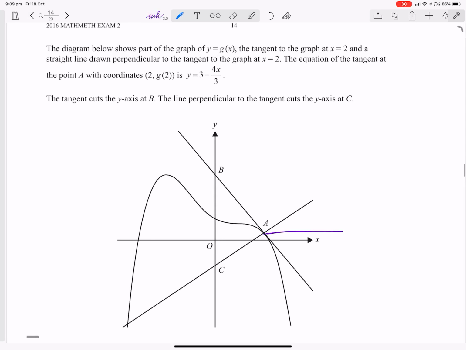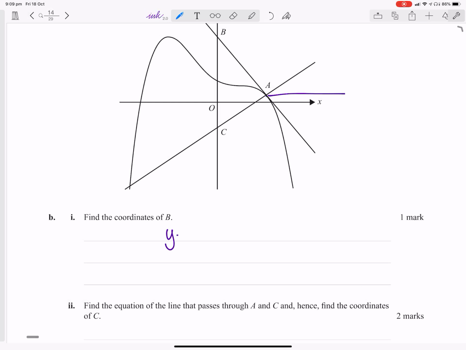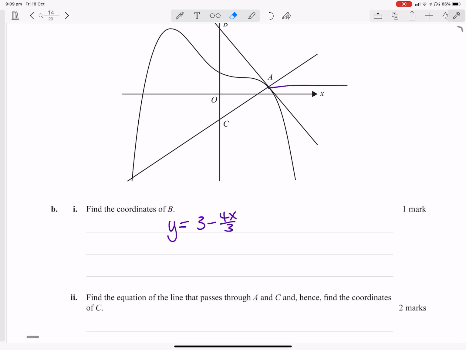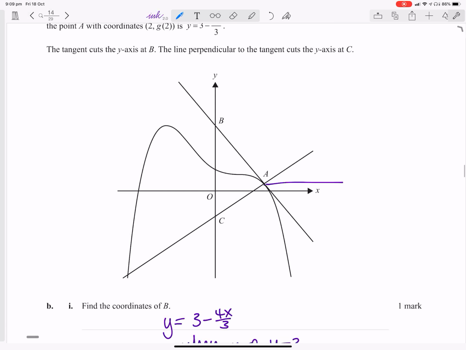Find the coordinates of B. Well, we know y equals 3 minus 4x on 3. When x equals 0, y equals 3. So that's 0, 3. Find the equation of the line that passes through A and C.